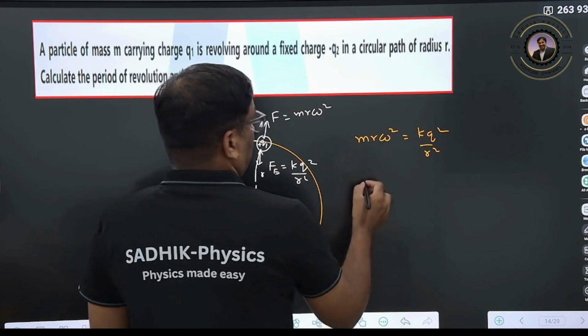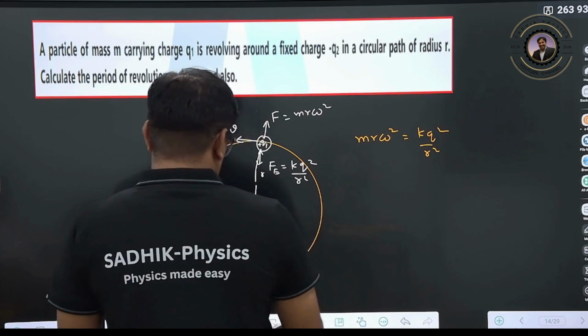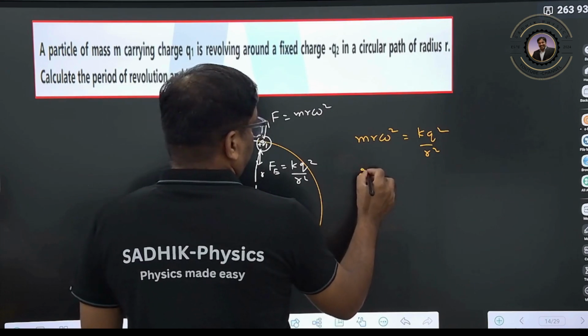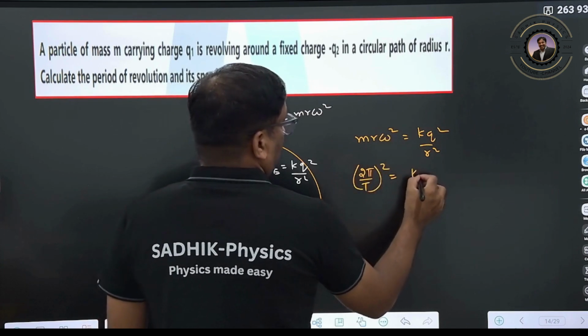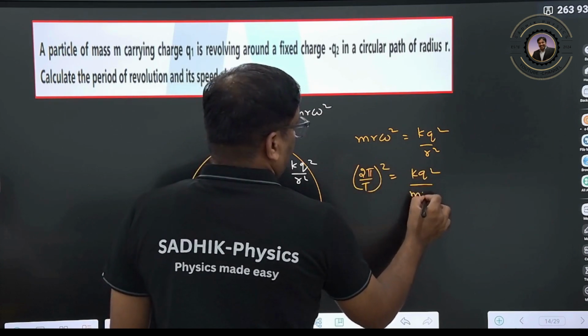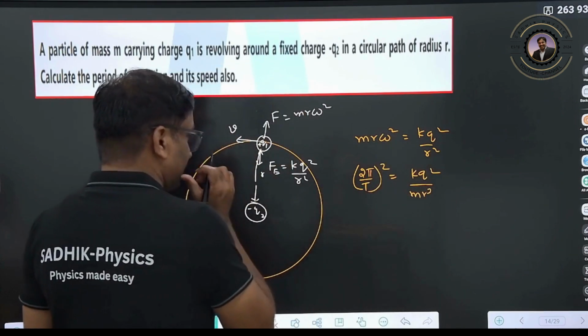Here omega you can write as 2 pi by t, whole square. So omega square, therefore k q square by m r cube. Clear?